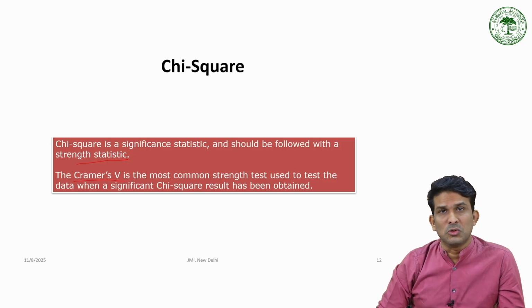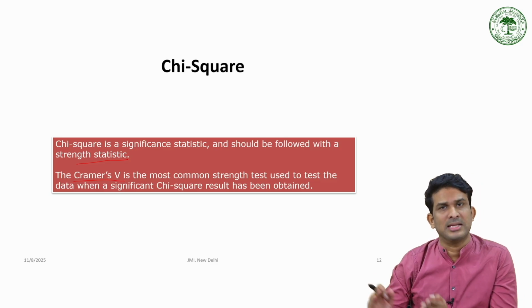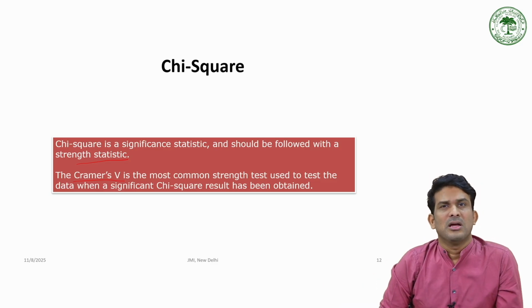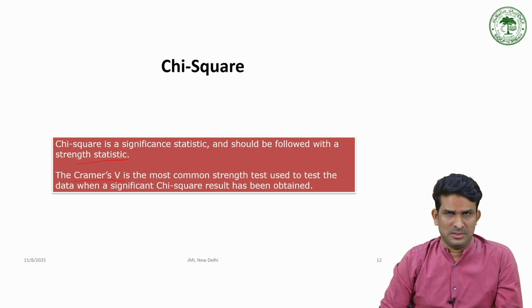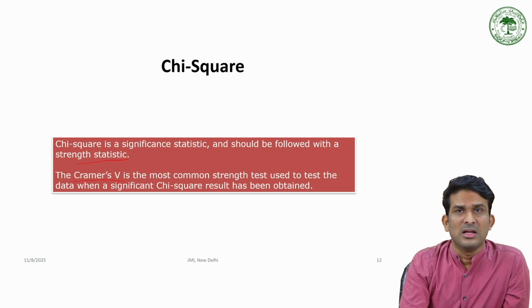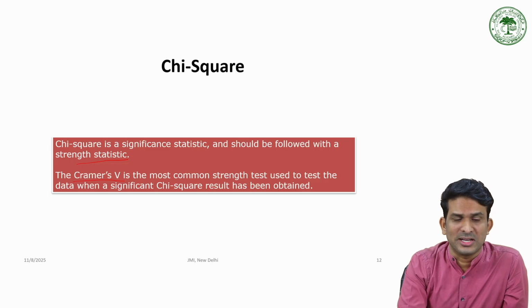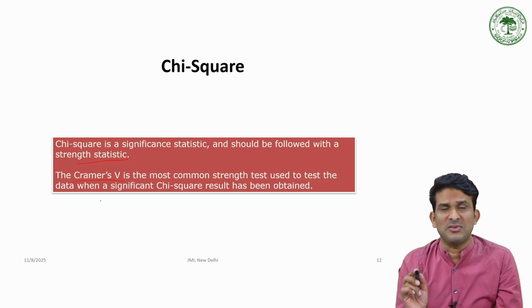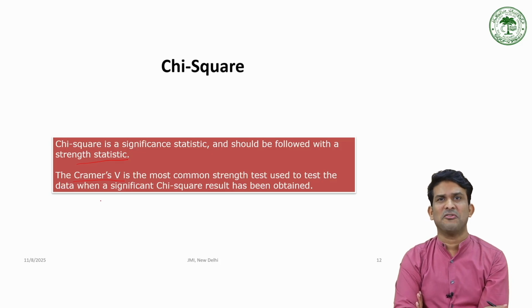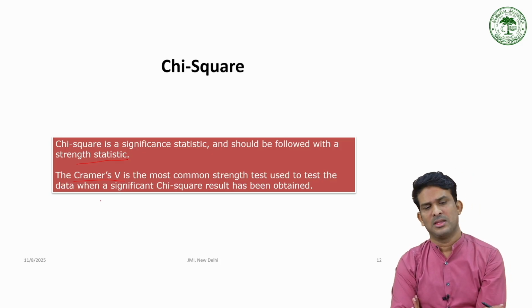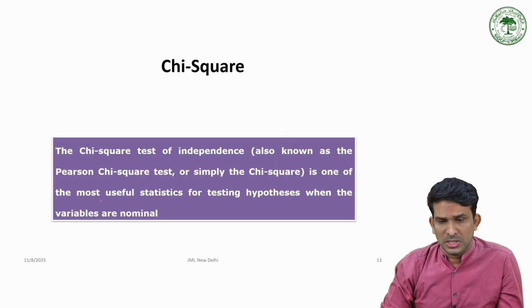That is, two groups will be tested for significant difference through t-test, and later we will go for Cohen's d or any such kind of strength testing. Here for chi-square, the test of strength is Cramer's V. Cramer's V is most commonly used for identifying the strength of the chi-square statistic. Okay, you got an idea about it.